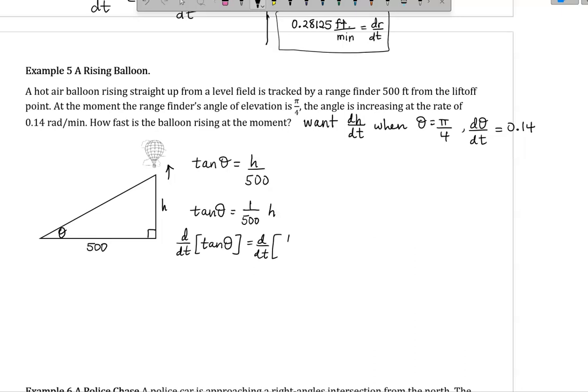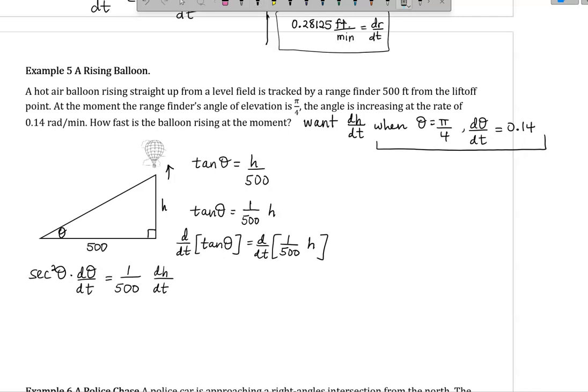And remember, we always take the derivative before we plug in any values. On the left side, the derivative of tangent is secant squared, and because we have that theta on the inside that is changing, we pick up a d theta/dt. On the right side of the equation, we have that constant of 1 over 500, and the derivative of h is dh/dt. I want dh/dt under certain conditions, so I'm going to plug in theta equal to pi over 4 and d theta/dt equal to 0.14.